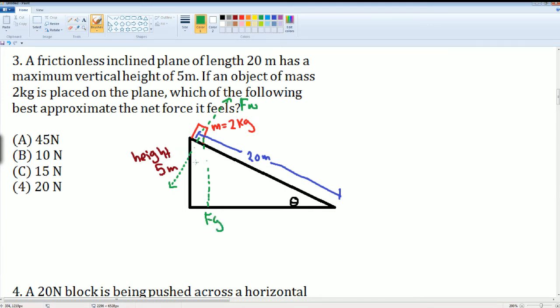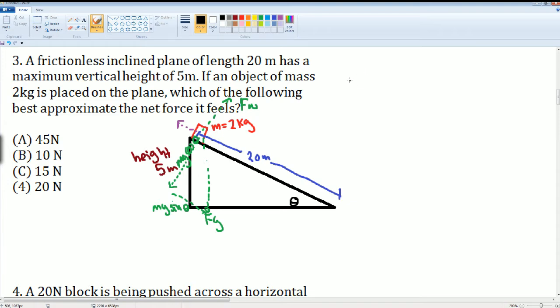The horizontal part here is going to be defined as mg cosine theta, and here it is defined as mg sine theta. Okay? All right. What you want to determine here is the force that it feels. Normally there's friction here, but this is probably frictionless, so there is no force of friction here. Okay, so this goes away. This is horizontal, right? So this is how it should look.